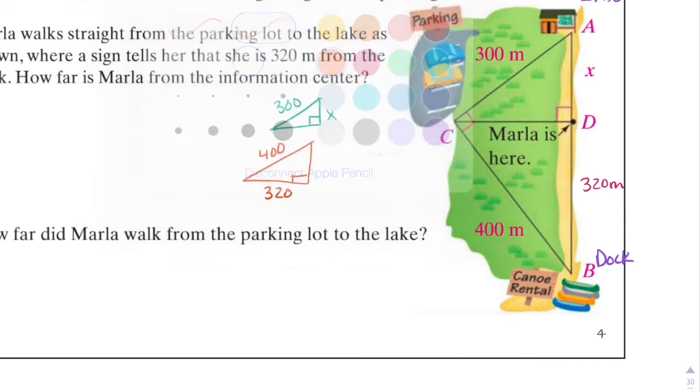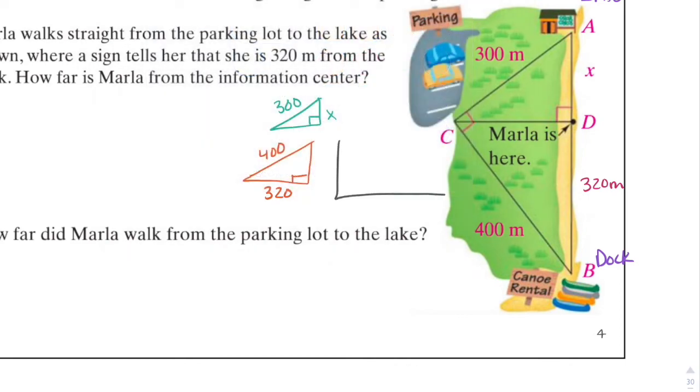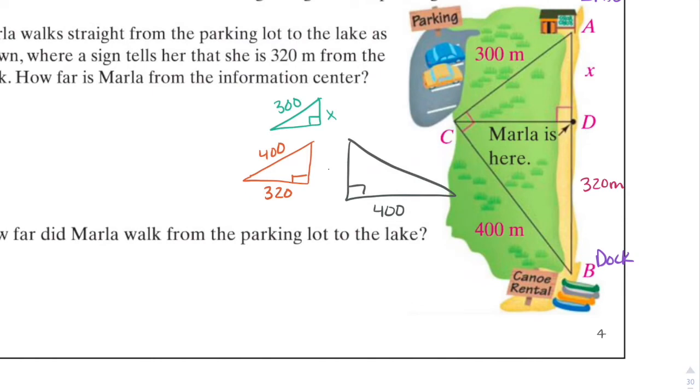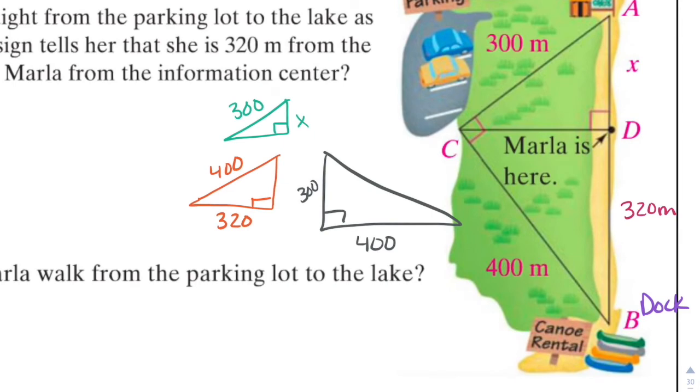And then we have the outer triangle here that's going the other way. It has a base of 400. It has a height of 300. It also has a hypotenuse, and that hypotenuse is unknown, but it's x plus 320 meters.